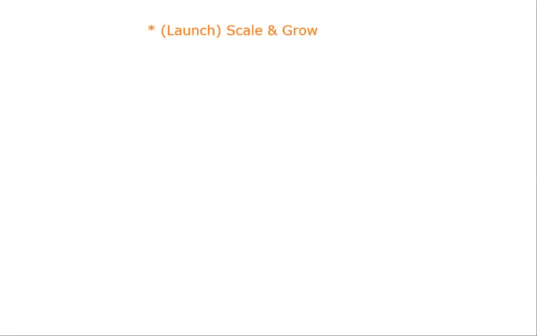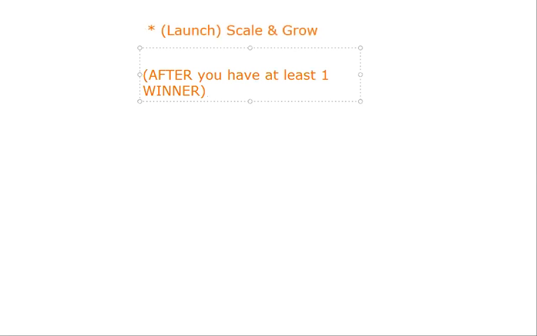And we only do this after we have at least one winner, all right? So if you have one winner, one campaign that is making profit, then you can expand and launch it to the public in a whole another level, okay? And you do this every single day, right? This is ongoing, just like the optimizing, okay?